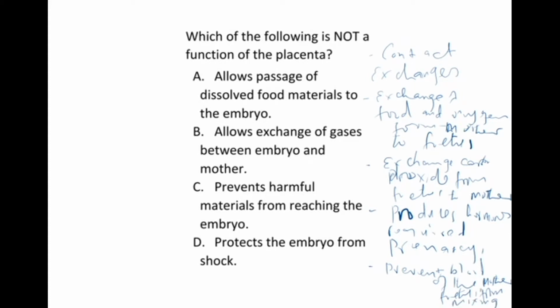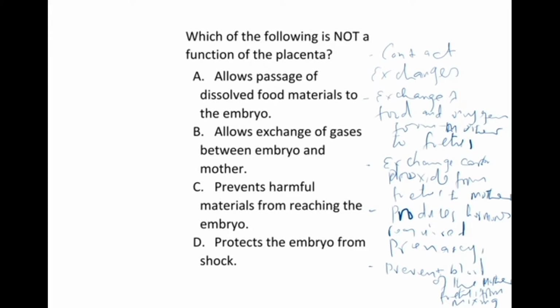So those are basically the main functions of the placenta. That is, being an organ of contact, it will prevent the blood of the mother and that of the fetus from mixing together, since the two might not be of the same blood group.